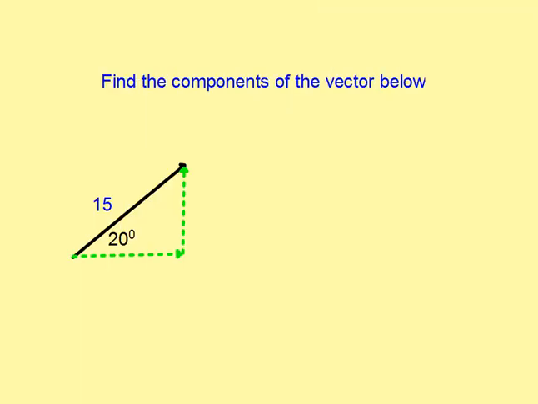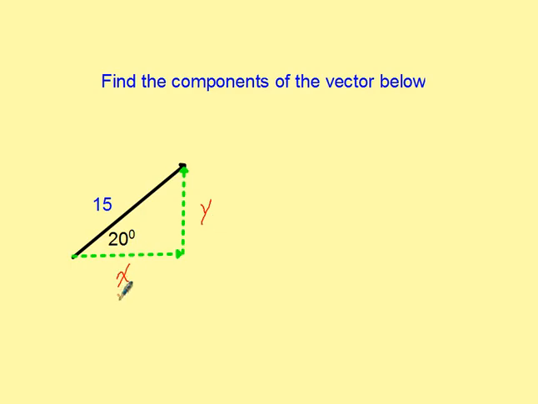Find the components of the vector below. On this one, 15 is the hypotenuse, and we're going to be looking for a magnitude in the y direction and a magnitude in the x direction.